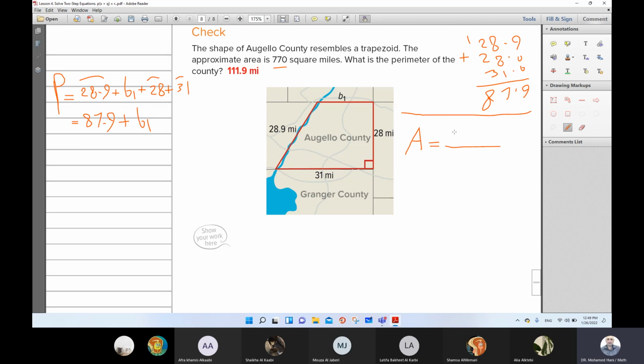The small base, B1, plus the big base will be 31. This is the big base, 31. Divide by 2, multiply by the height. This is the height, 28.